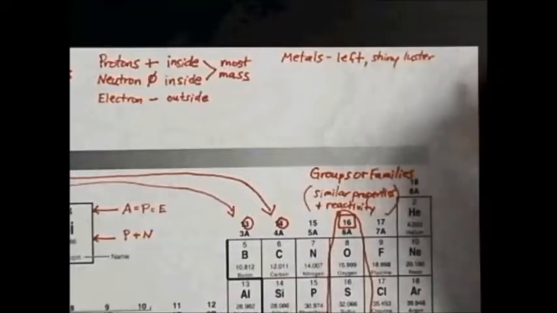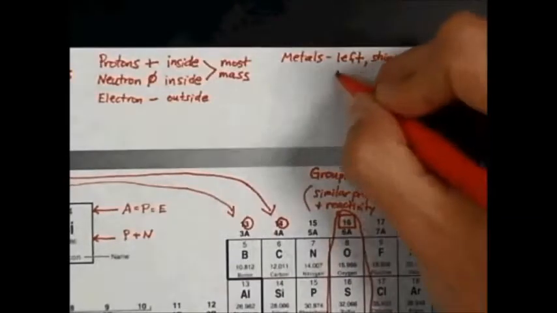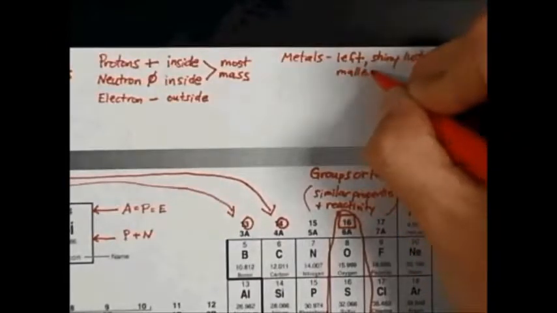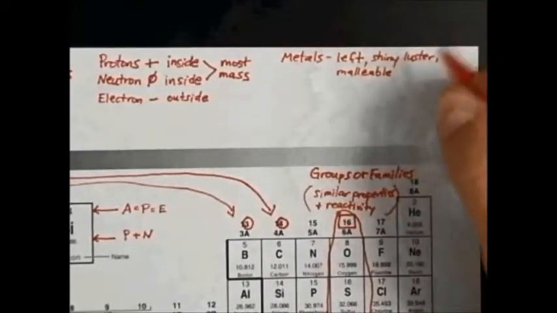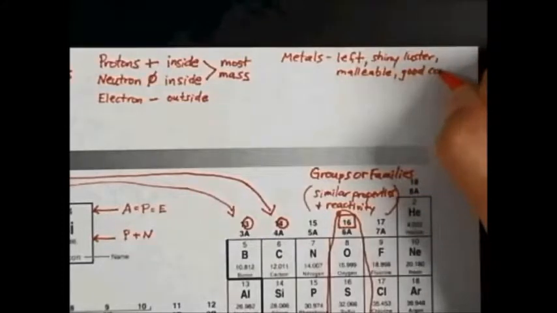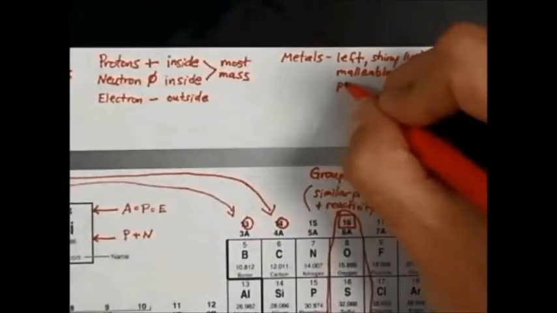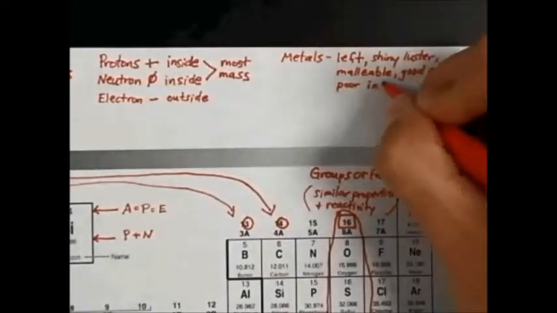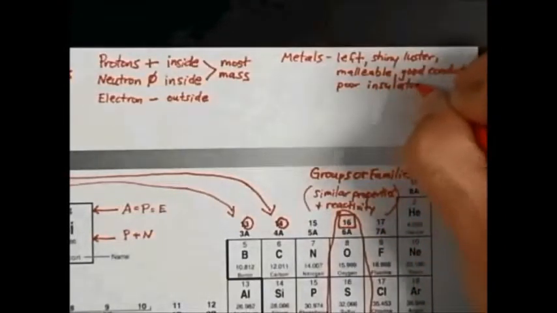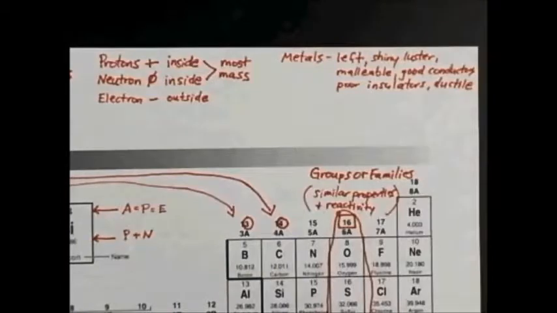When you look at them, it's the way the light reflects off them. And then they are malleable, which means they can be pounded into sheets. They are also good conductors, and they are poor insulators. You could also mention that they are ductile as well, which means they can be pulled into a wire, like you'll see in copper wire in all your electricity around your house or your school.